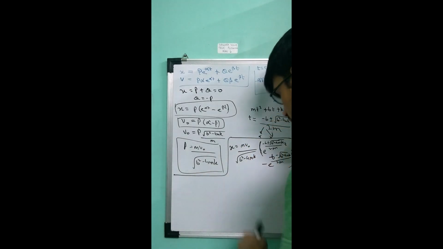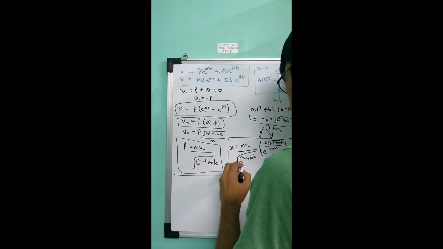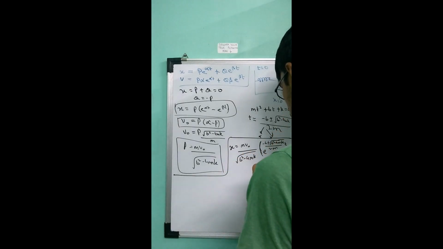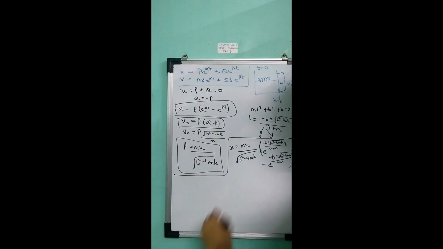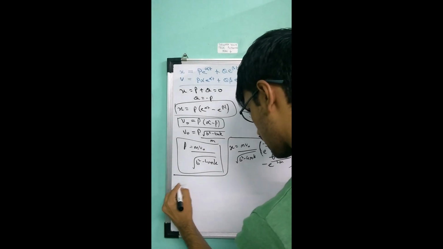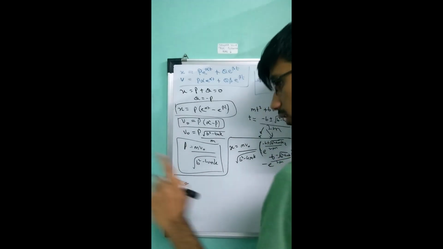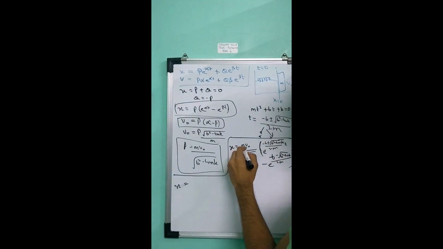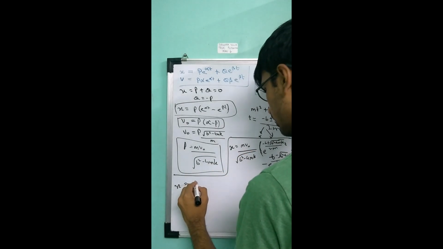So this is quite dirty, but let's try to simplify it a little. Let's take minus e to the power minus bt by 2m common. What we'll get is x equals, now I'm just multiplying and dividing by 2.